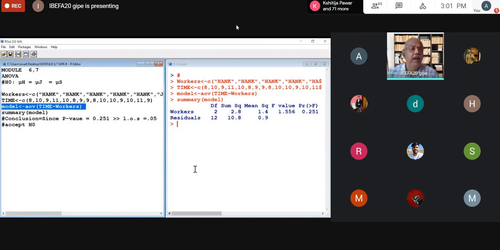Model is ANOVA, AOV, time versus workers. Summary. Finished. Only 2 syntax.